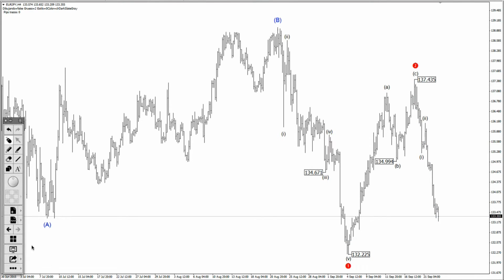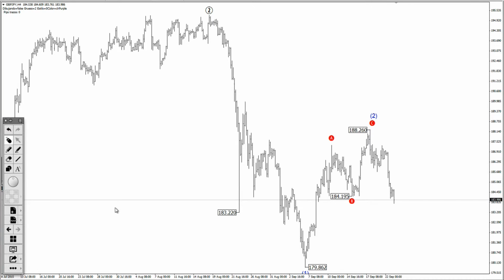Okay, next let's move on to pound yen, and pound yen has continued to decline. We can see three-wave structure at this point, but looking very strong and is supporting the view of lower prices on the pound.